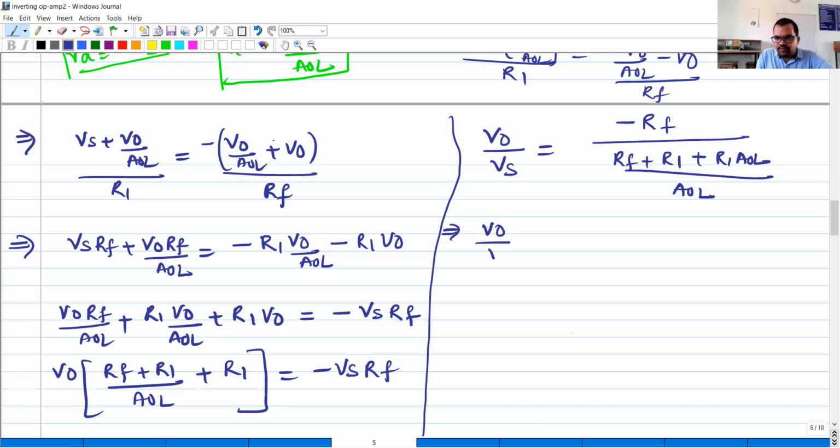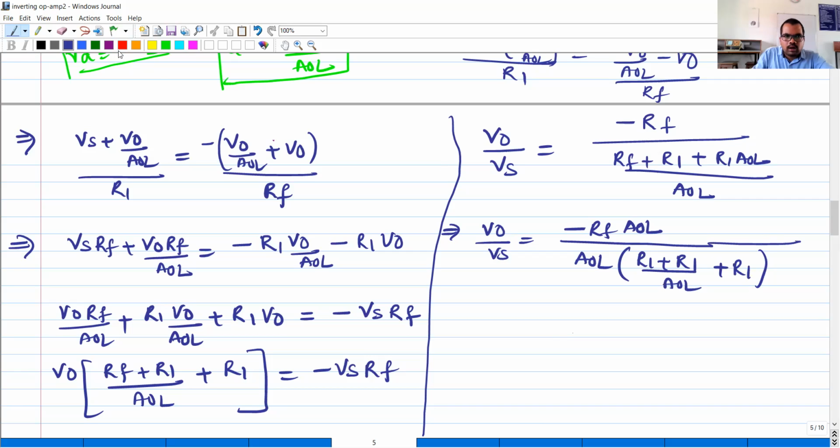So V0 by Vs is equal to RF AOL by, in the denominator I want to make AOL as a common. If I take AOL as a common, it becomes RF plus R1 by AOL plus R1. So here AOL and AOL cancel.